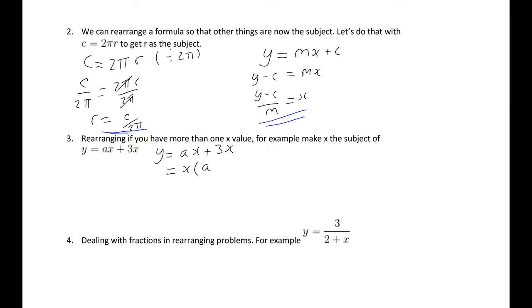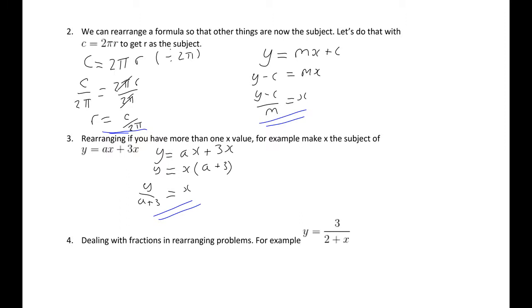So this is the same as x times a plus 3. Now, we can just divide by a plus 3, because that is what we're timesing by x, and that will leave us x on its own. So we get y over a plus 3 equals x. We have rearranged our formula to get x equals. Okay. So that's how we deal with problems like that.